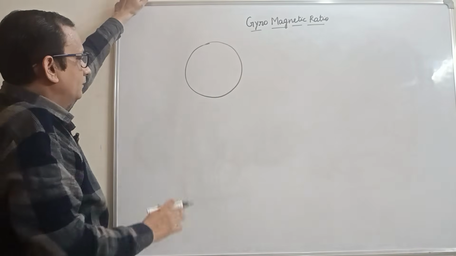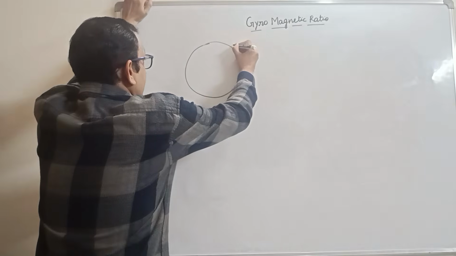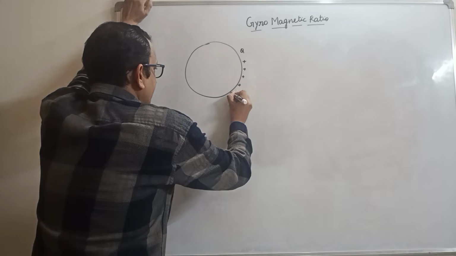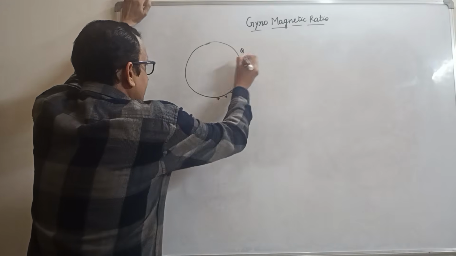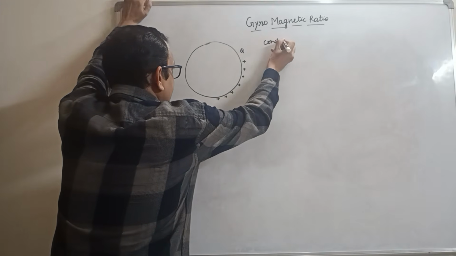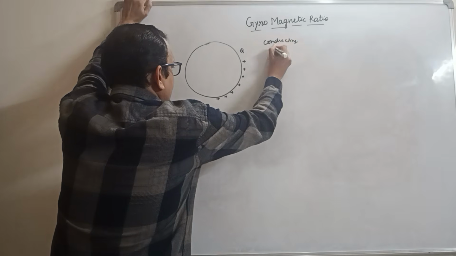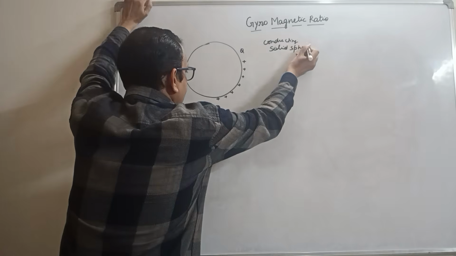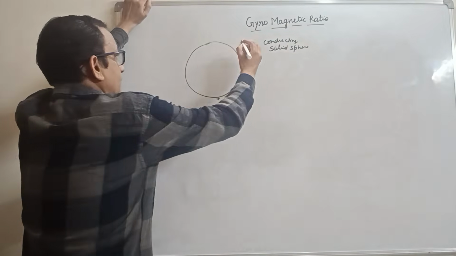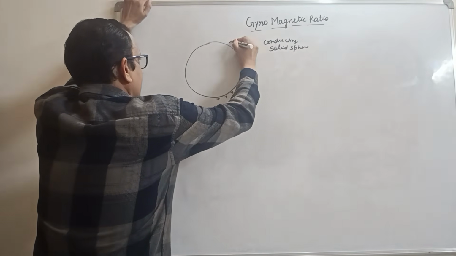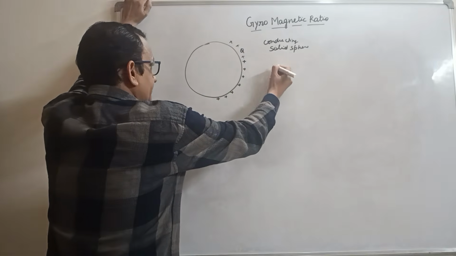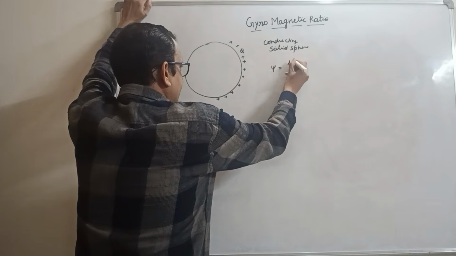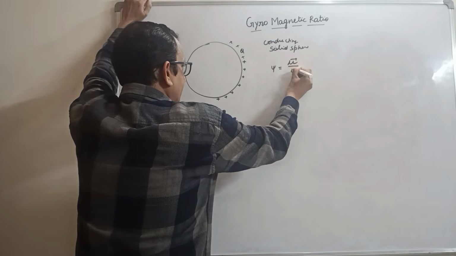Plus Q charge is uniformly distributed. As we know, this is a conducting solid sphere. So we have to find the gyromagnetic ratio here, that is magnetic moment by L vector.